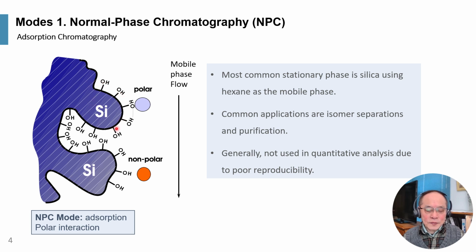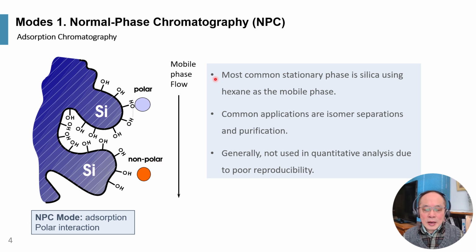These could be on the surface or inside the pore of the particle. In normal phase, the mode is called adsorption or polar interaction. Here, a mobile phase generally being used is hexane modified with different amounts of alcohol. Polar analyte in the sample is retained more because of a polar interaction of adsorption by the residual silanol groups.